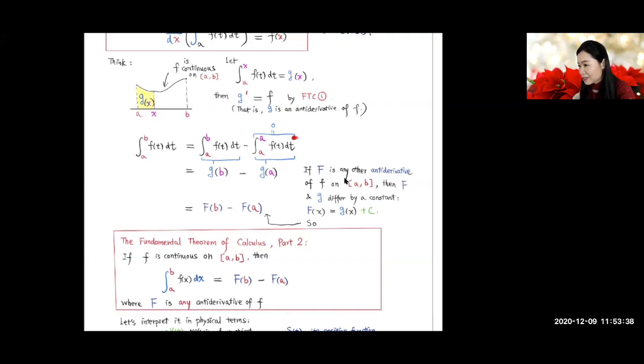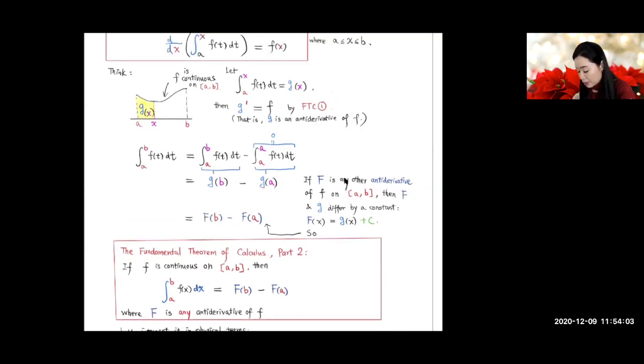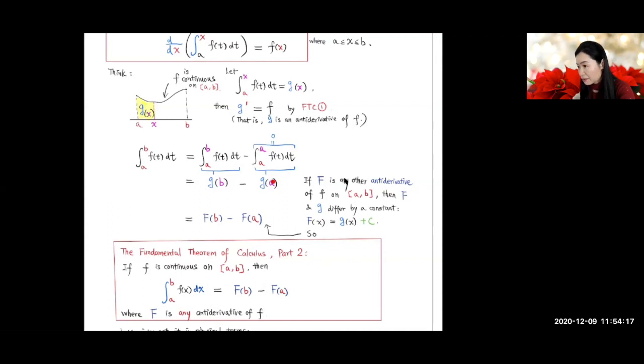I know it is equal to 0, because the upper and lower limits are the same. When x is the same as a, the area under the curve will be 0, but it's also called g of a, the area so far from a to a. So that's g of a right here. So it's going to be g of b minus g of a, where g is an antiderivative of this function f right here.